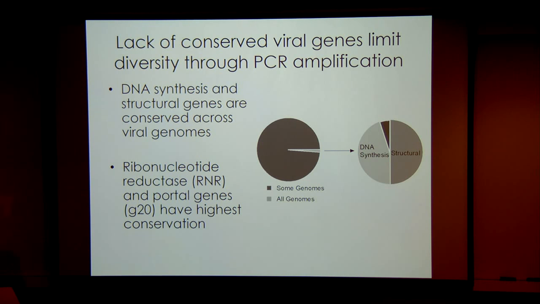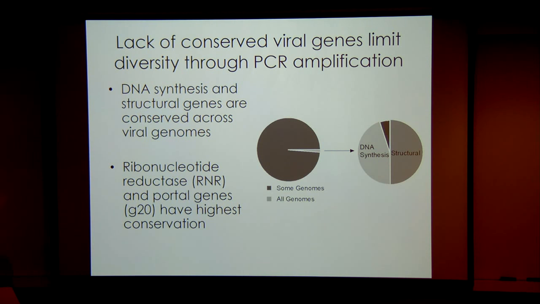But there are subsets of viral diversity that we can target with some genes that are fairly well conserved, especially the DNA synthesis and structural genes such as the ribonucleotide reductase and some portal genes. That will capture a large diversity of viruses, but by no means the entire viral diversity quite as well as we can do with 16S analysis.